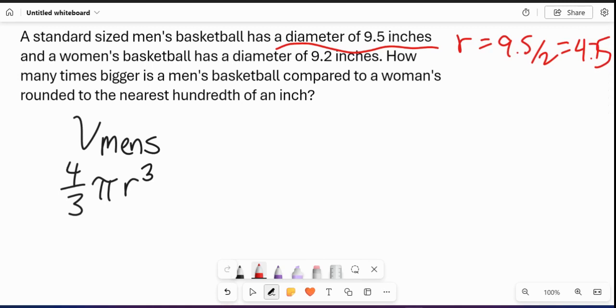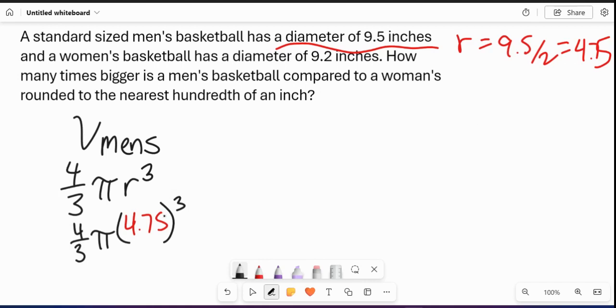It's an ugly 75, but you get the picture. 4.75 is my radius. And again, making sure that you know how to put this in the calculator.